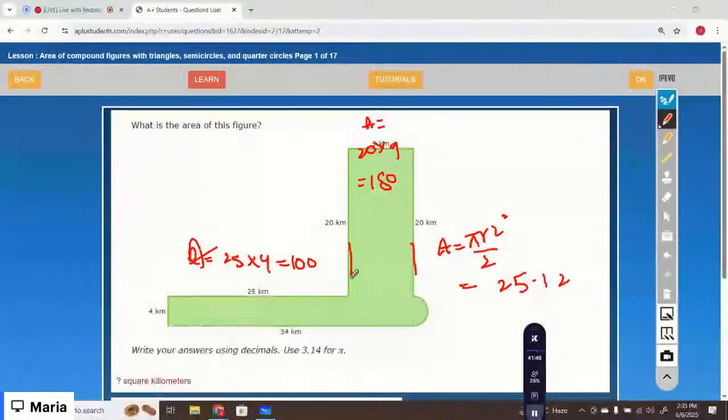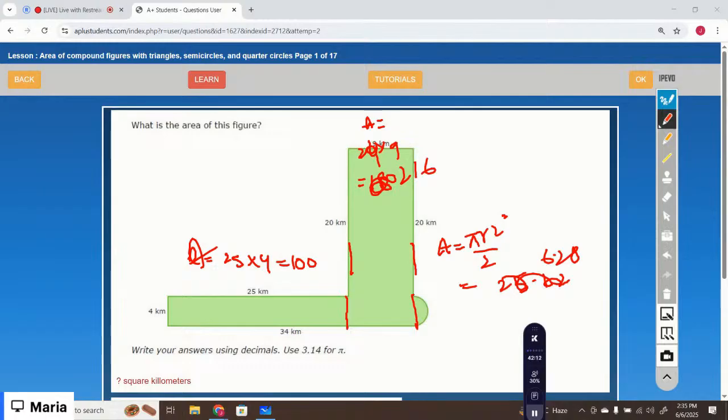That is 20 plus 4. The complete length is 24. So 9 times 24 is 216. And the radius is 2. 2 squared times 3.14, that is 6.28. So just add all the areas.